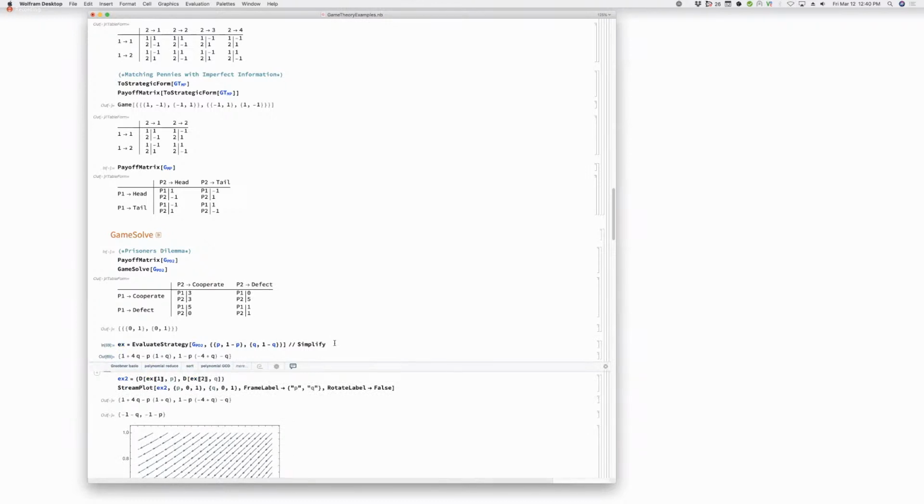Oh, yes, it did work. Okay, fine. Yes, so from this output, you know that there is only one unique Nash equilibrium, and then it gives you the mixed strategies of both players.